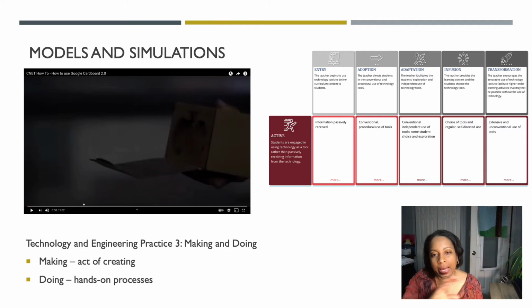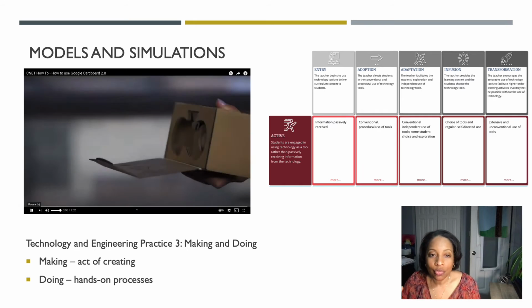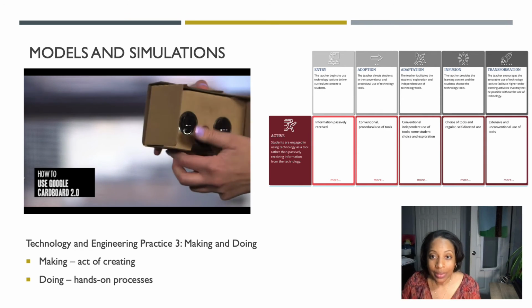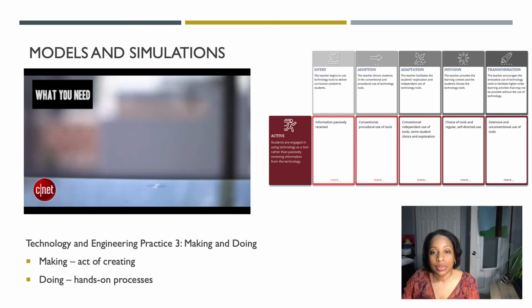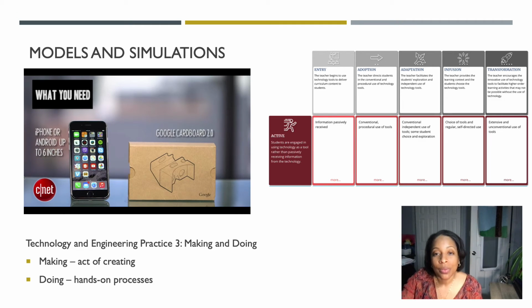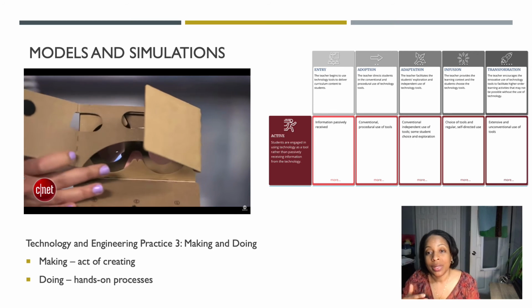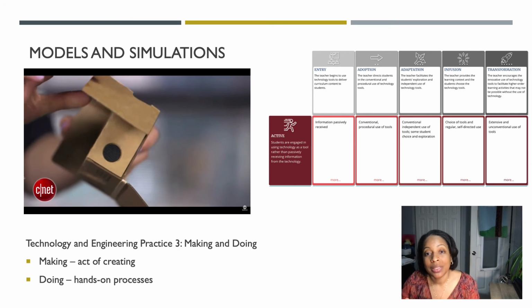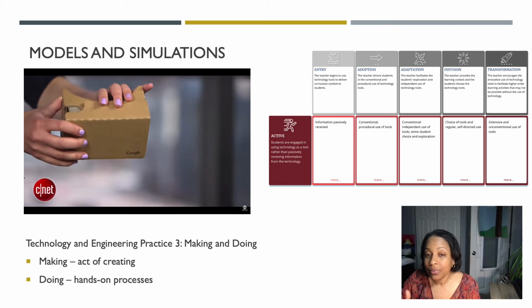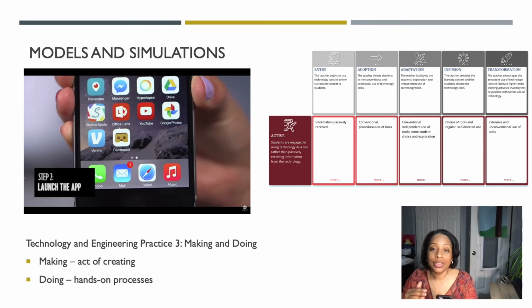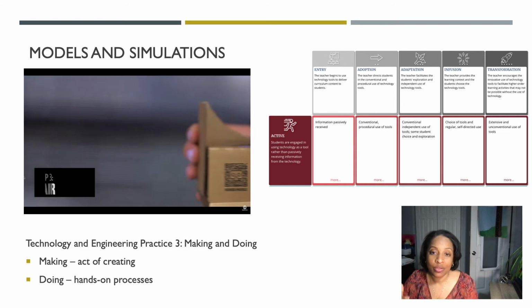If I take the active row and think about active entry, maybe I have students just watch a video. Then I can move through adoption, where I direct them through an activity using the video or a resource, to adaptation, where I start to give them choices and let them use the phone and some resources on their own, to infusing, and finally maybe active transformation.